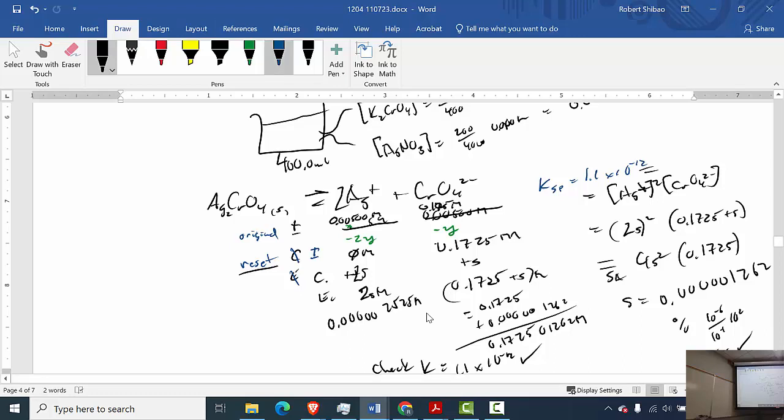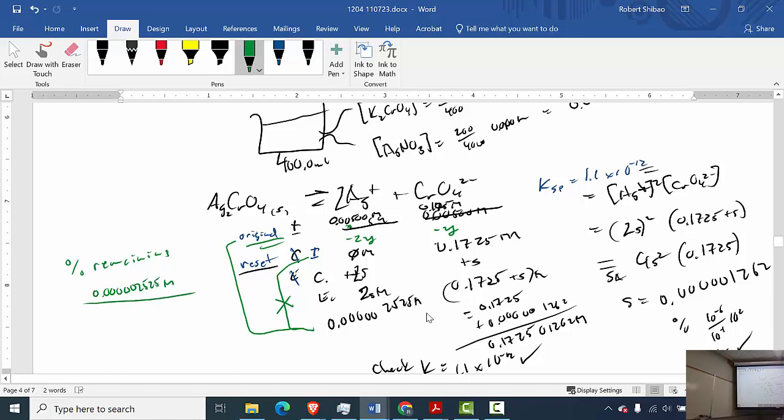Now, when I do the percent reaction or percent precipitation or whatever, percent remaining, I have to do it versus the original. I cannot do it versus the reset. This would be wrong. And so the percent remaining would be, well, I have 0.0000502525 molar remaining at equilibrium. But the original was 0.00500 molar. That was my original initial, times 100%.